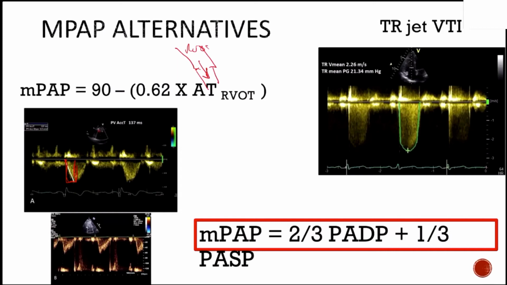And so you can use this as a way to calculate your mean PA pressure. I would say I don't really use this at the bedside, mainly because the calculation's a little bit more tedious. What you can do if you want to practice this is use another equation that people will often use: instead of using 90, they'll use 80 minus 0.5 times your acceleration time. And that's a good way to give you some kind of relative estimate.